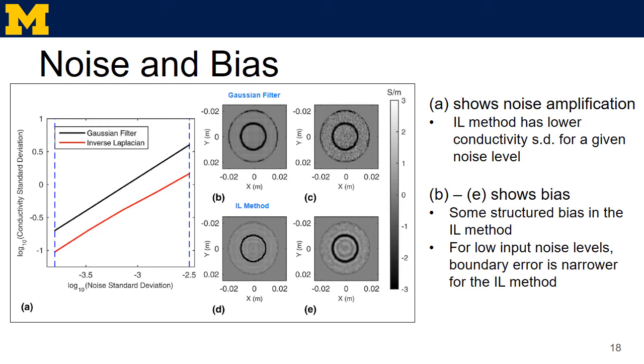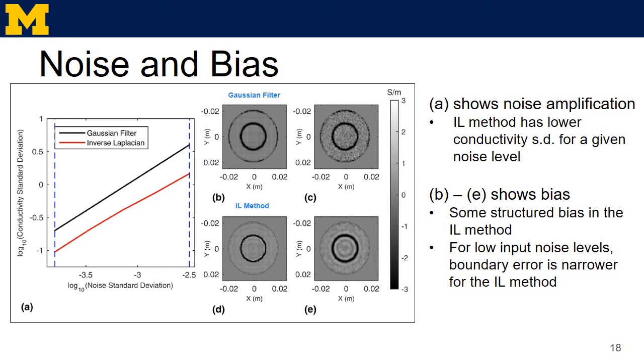On the right side of the figure, we have the bias analysis results. The top row is the results for the Gaussian filter, and the bottom row is the results for the inverse Laplacian method. The left column of these four images is the results for adding the lowest standard deviation noise level, and the right column is the results for the highest standard deviation of the noise level.